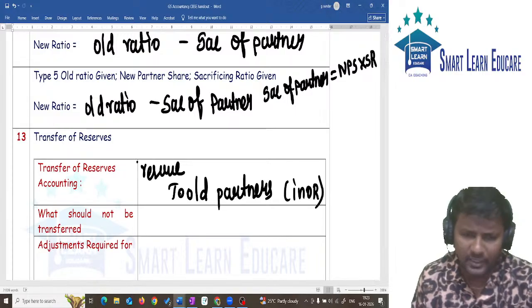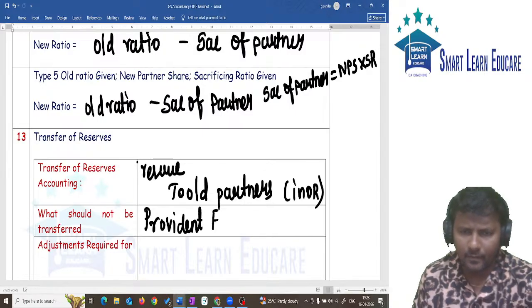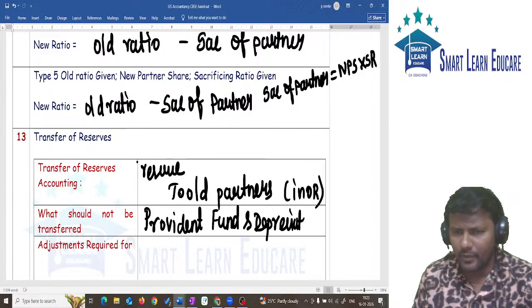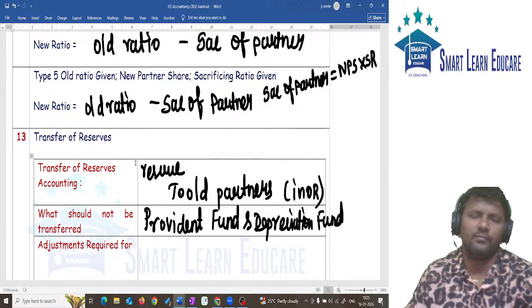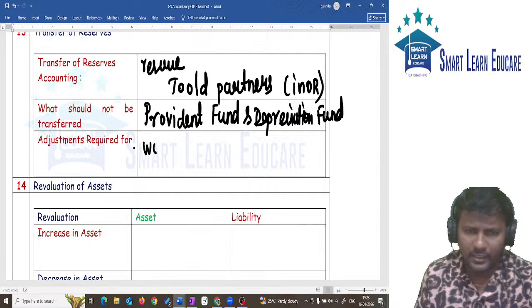What should not be transferred? Provident fund and depreciation fund should not be transferred. Two things need adjustment.